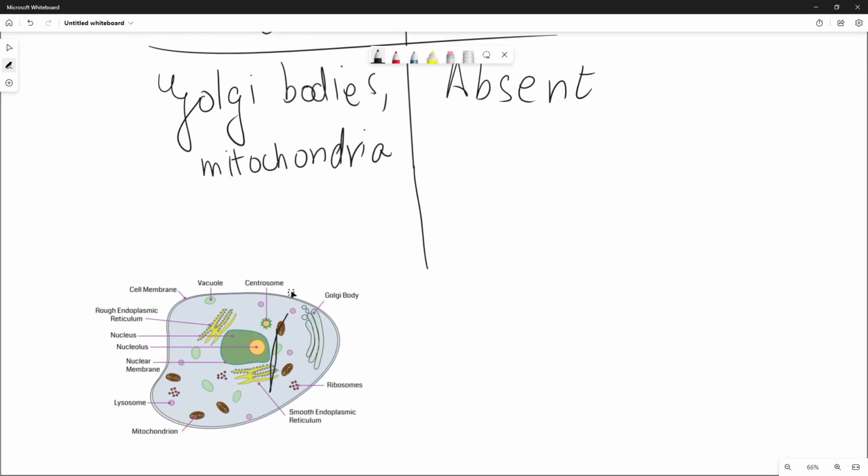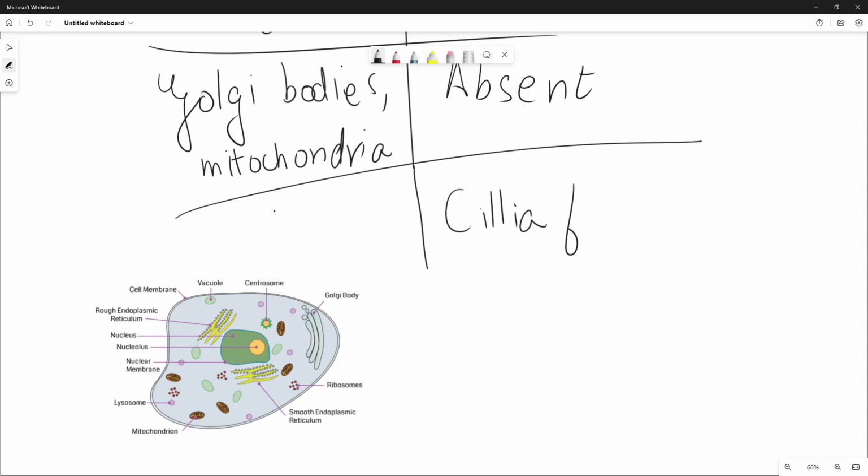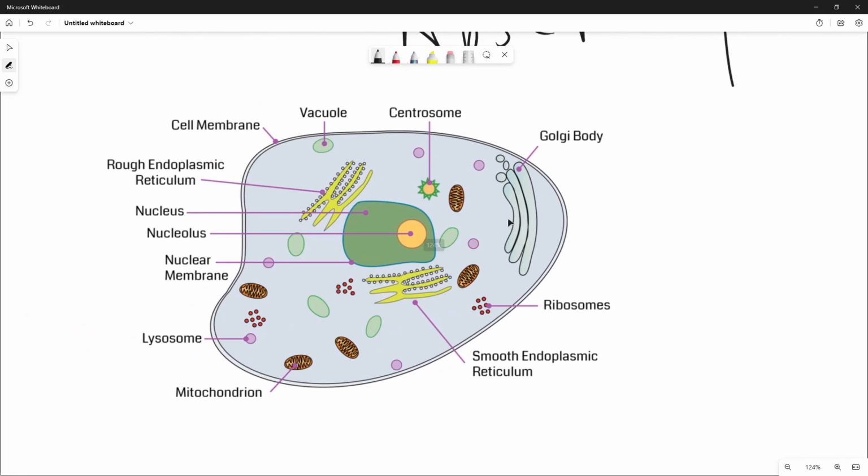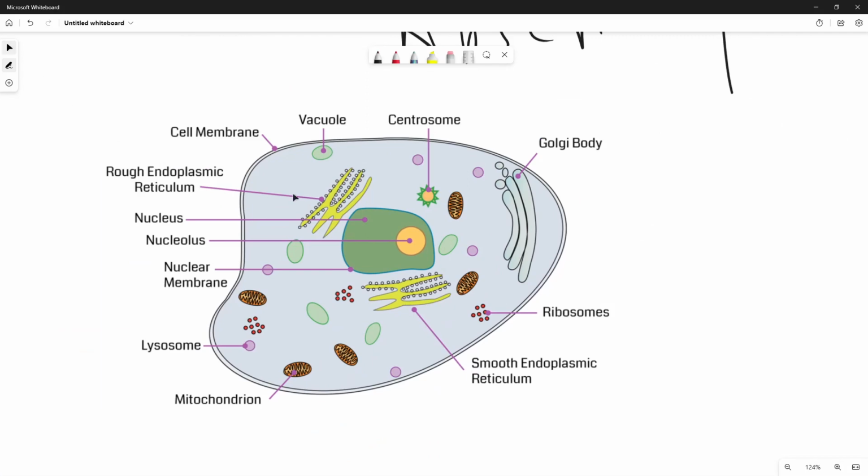And then we have cilia and flagella, which are present in prokaryotes, which are basically like the tails for the cell, and they are absent in eukaryotes. So now let's go to the structure and talk about the structure.